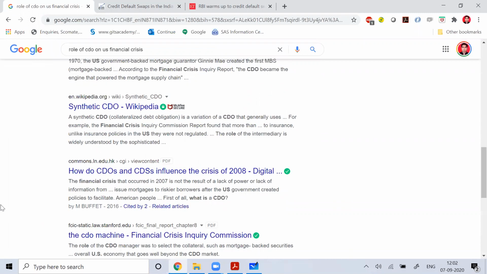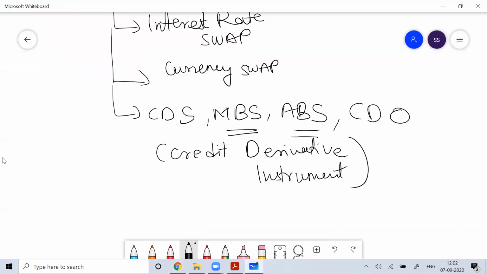See this: how do CDOs and CDS influence the crisis of 2008? Read about this, and you'll get a lot of information about these instruments and understand the US 2008 crisis.